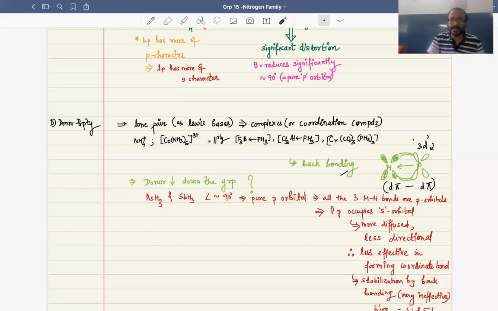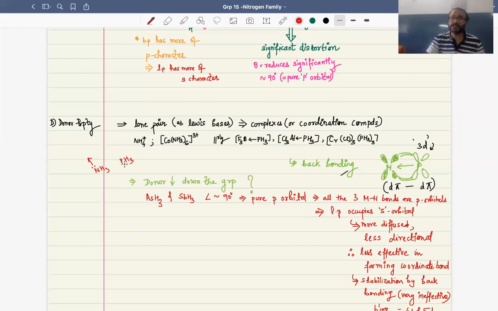So in the case of ammonia, if we talk about just the ammonia molecule, it contains the lone pair and they are pretty much available for acting as a donor. However, when it comes to the other hydrides like phosphine, the lone pair is now occupied in the s orbital.